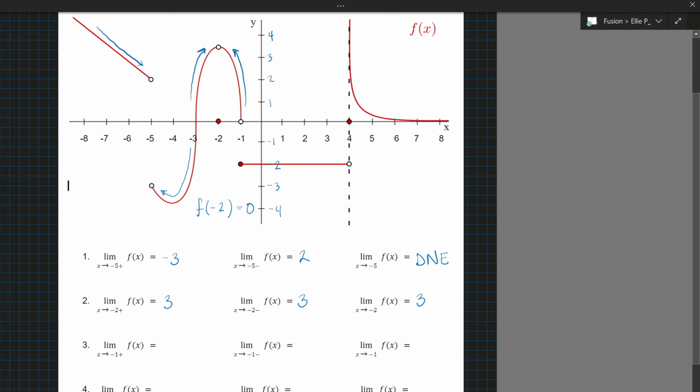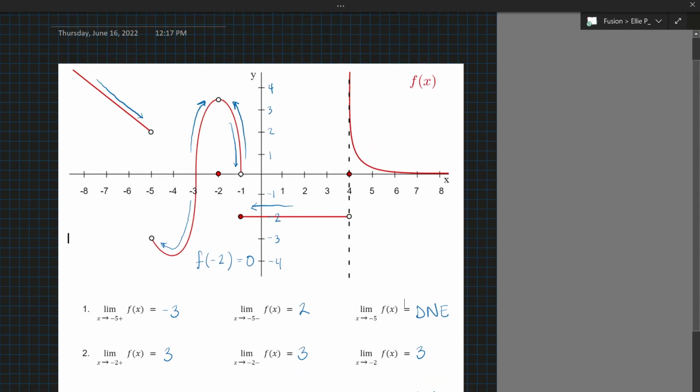Okay. And then -1 from the positive side: -2, because we're going like that. And then 0, good, because we're going down. And it does not exist. Awesome. And then 4 from the positive side, like over there.